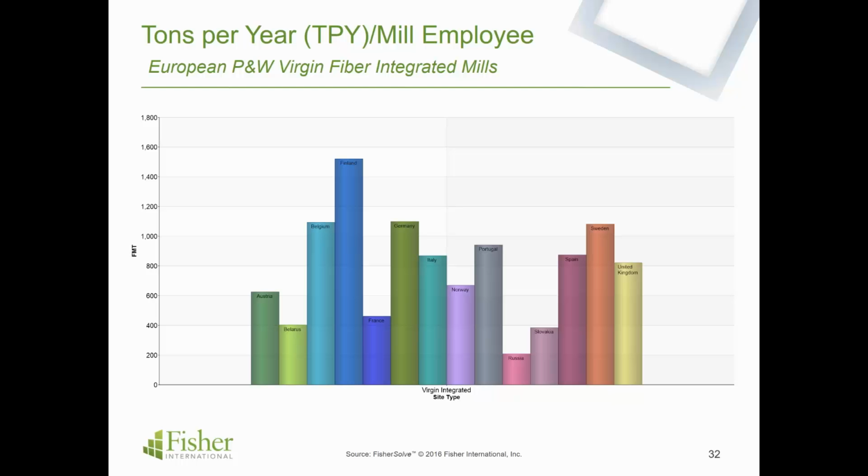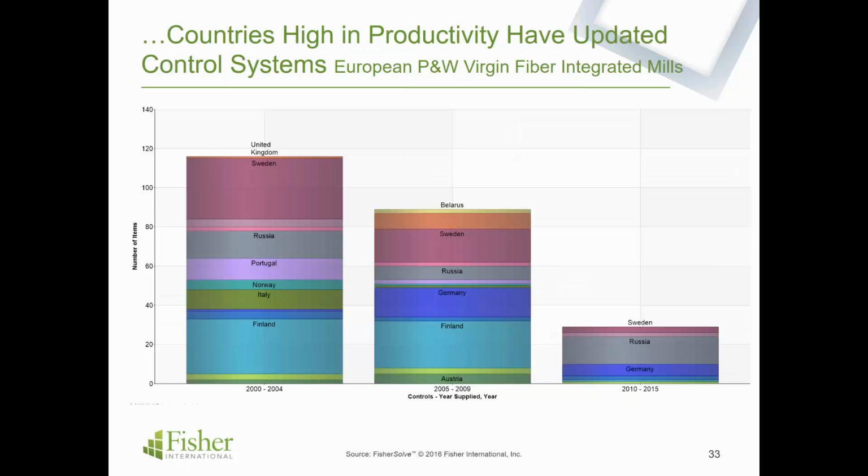Then we can look at the productivity by production per mill employee per year, and here I have European virgin fiber integrated mills in comparison, and we can see that Finland, Belgium, Germany and Sweden are among the best performers. Of course there are many reasons why some of the countries or companies or mills or lines are better, and you can look at this from different directions, but for this presentation I have chosen country level.